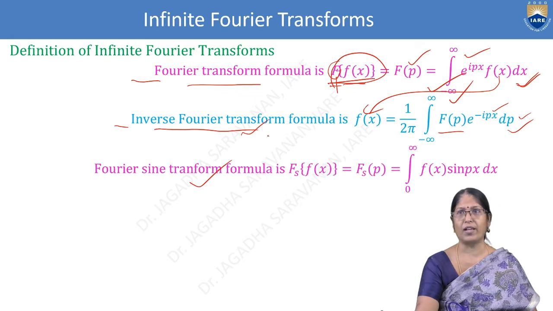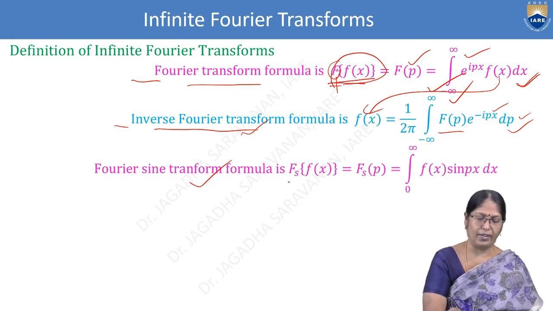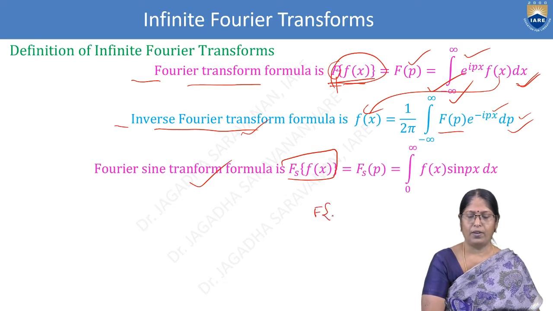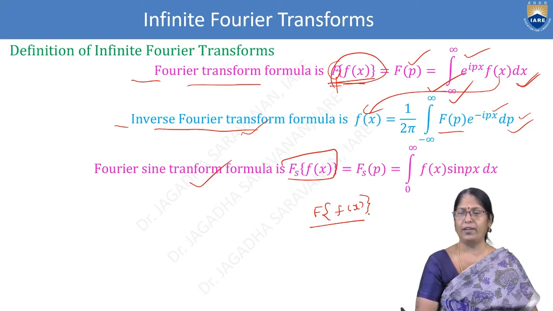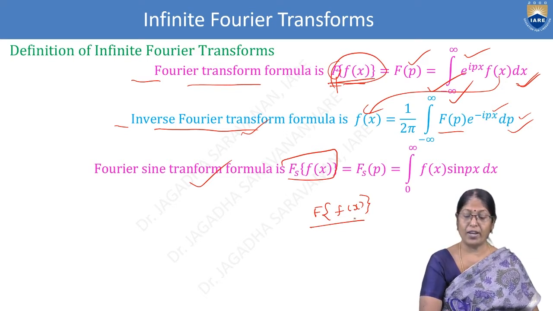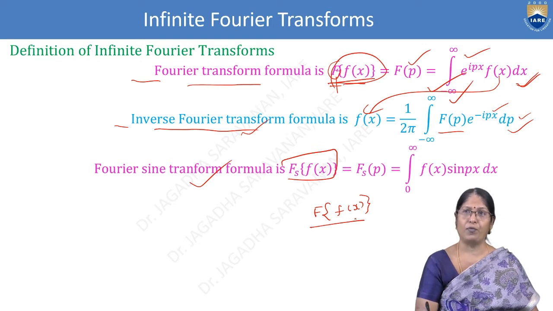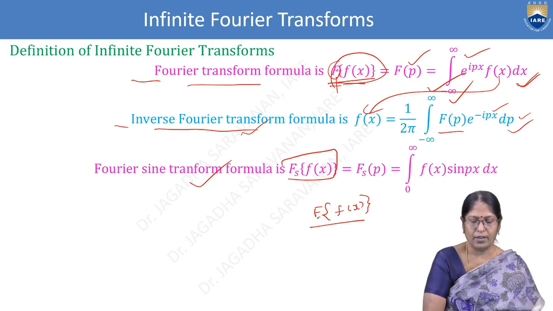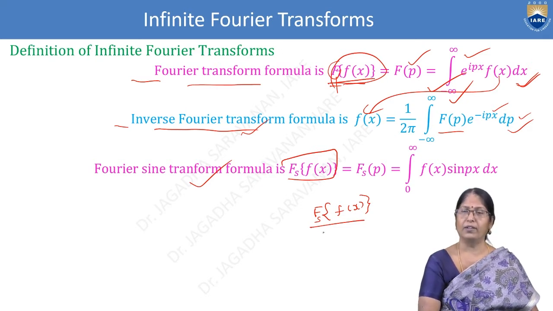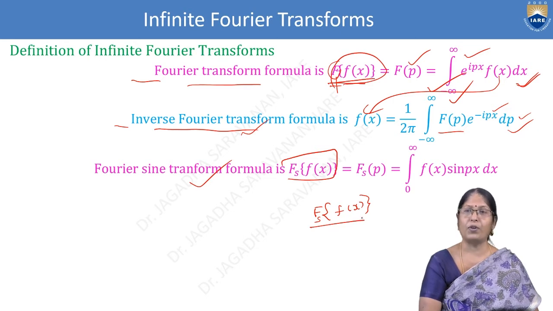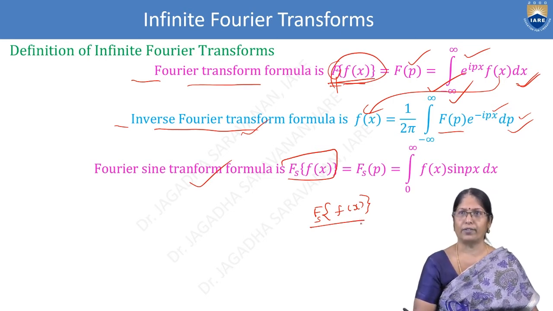Fourier sine transform formula: capital F, if it is only f of x, we are very familiar, that is the Fourier transform of f of x. But here a small s is written, so it is the Fourier sine transform of the function f of x.